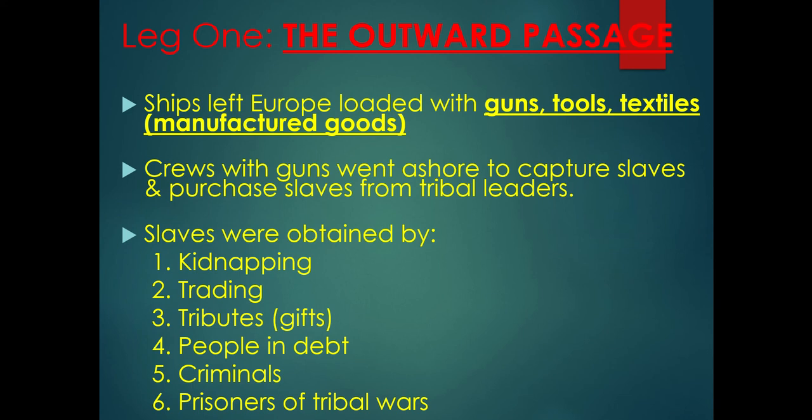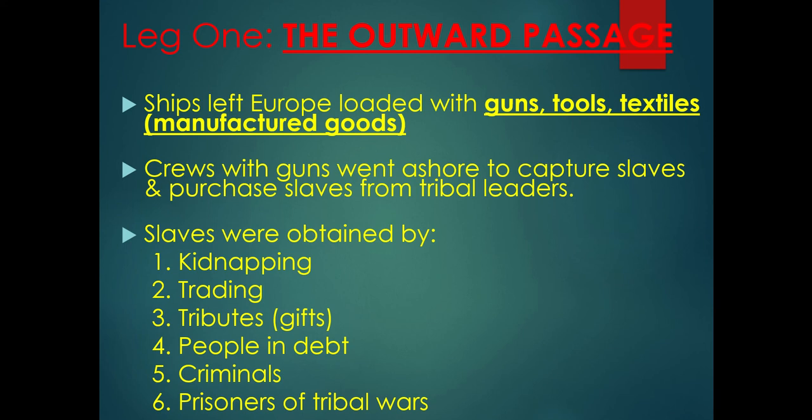And those crews on the ships would go ashore with their guns and capture slaves and then purchase slaves from the African tribe leaders. So there were different ways that they were able to capture the slaves. They would kidnap them. They would trade them. The tribal leaders would give them as gifts.